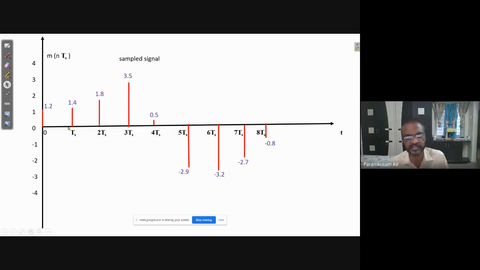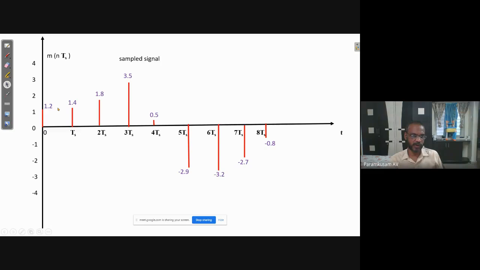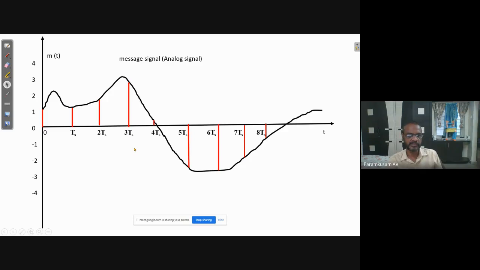That information is lost. However, at the receiver, from these sampled values, 1.2 volts, 1.4 volts, 1.8 volts, you can reconstruct the original signal m of t, provided that one condition is satisfied.